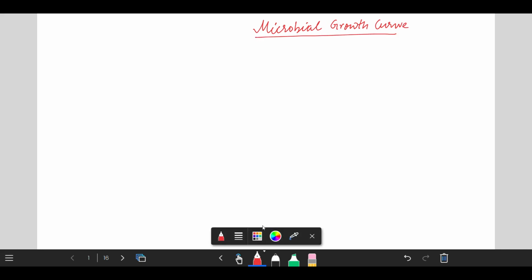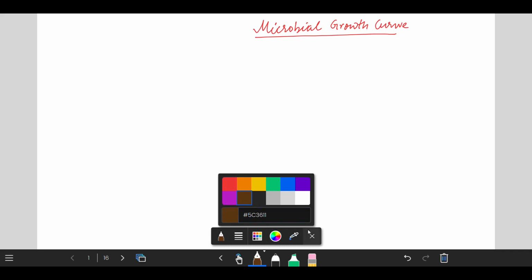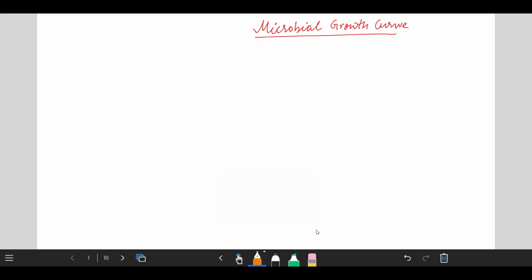Why do we use the microbial growth curve, or in which case is the microbial growth curve very useful? It is actually used to study differential effects of media, genetics, and stress on microbial population growth. So why is it used?